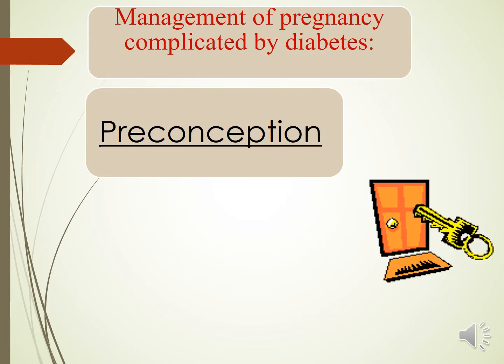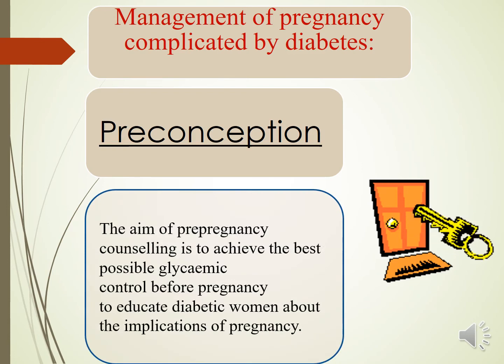Management of pregnancy complicated by diabetes. The ideal approach is to start management before pregnancy. The aim of pre-pregnancy counseling is to achieve the best possible glycemic control before pregnancy and to educate diabetic women about the implications of pregnancy.